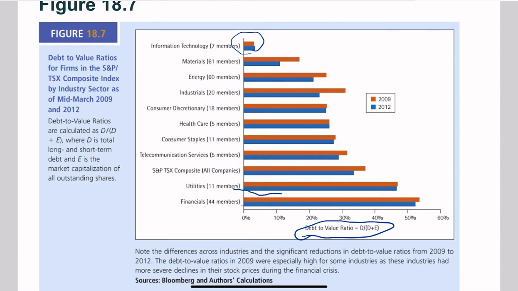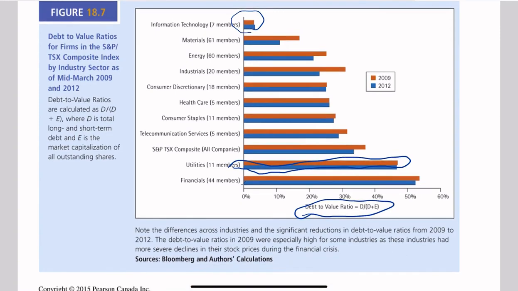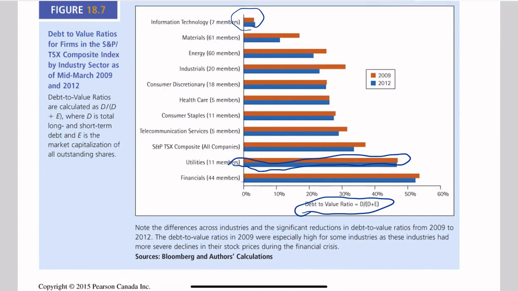And if you look at the utility industry, its debt to value ratio is close to 50%. Sorry, this is obviously a very large difference.